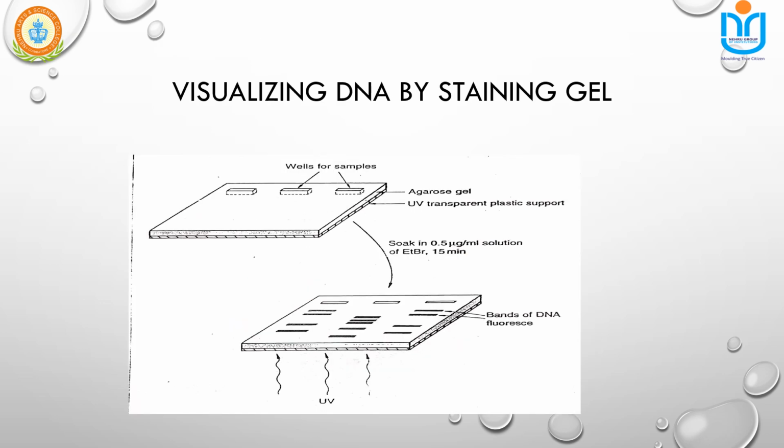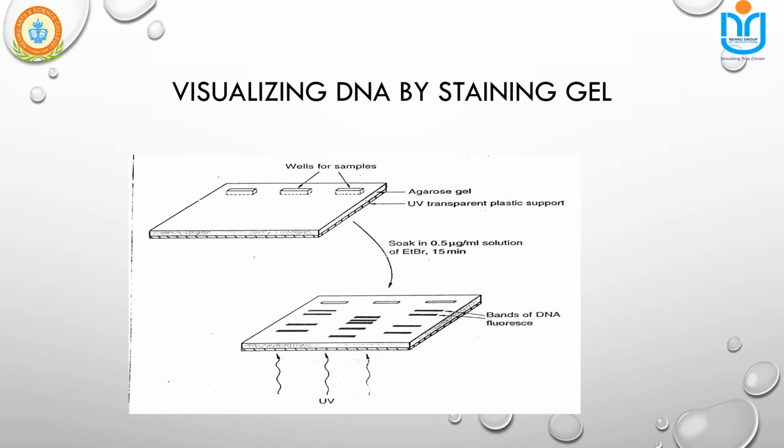Now we have separated the DNA fragments using gel electrophoresis. And how do we visualize those bands? The easiest way to see the results of a gel electrophoresis is to stain the gel with a compound that makes the DNA visible. Ethidium bromide is routinely used to stain DNA in agarose and polyacrylamide gels.